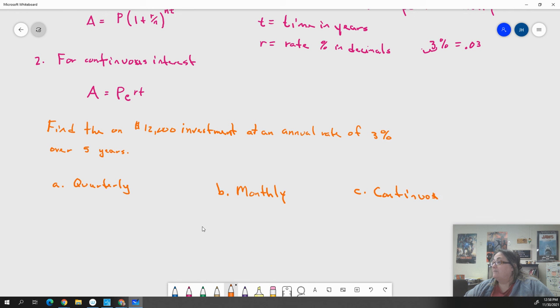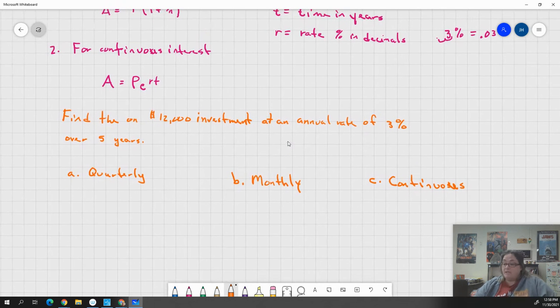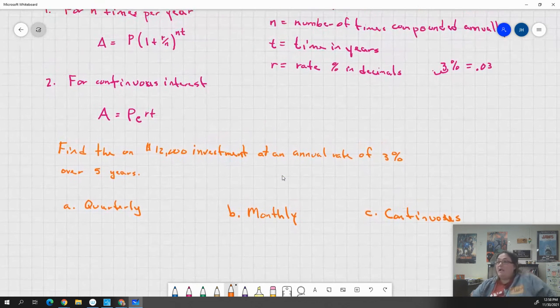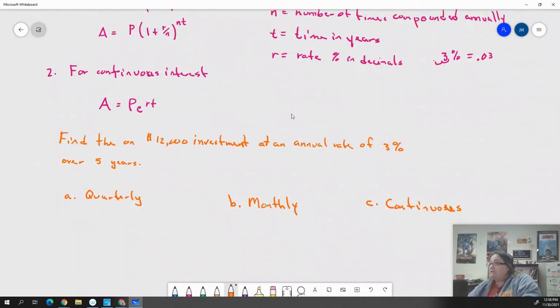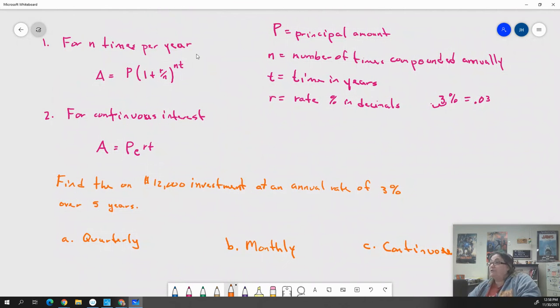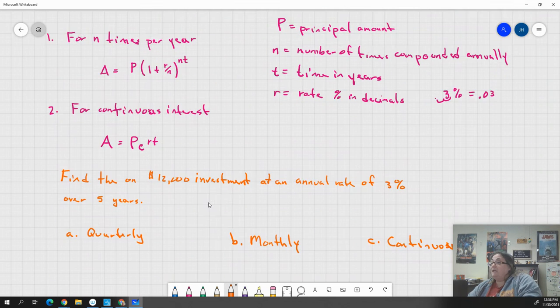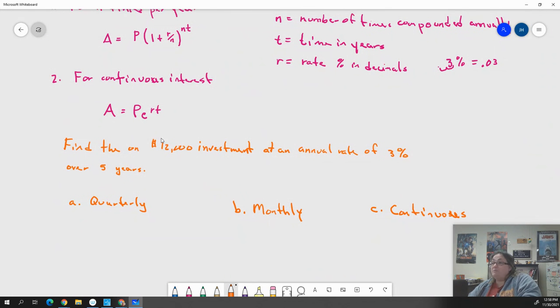Continuous. Look, I keep forgetting that second U. So quarterly, for anything other than continuous, we are going to use this first formula. Everything else, when it's continuous, we're going to use PERT.